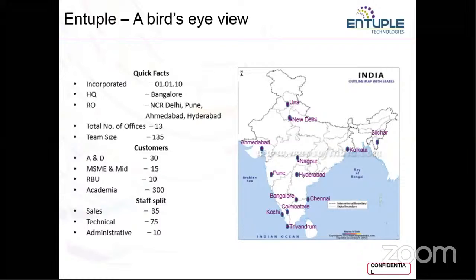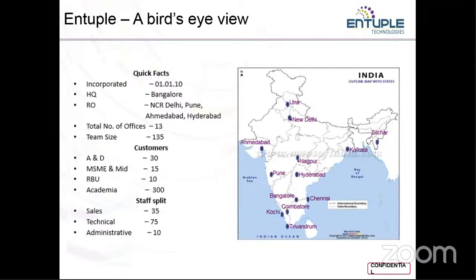This is a bird's eye view of Ntuple. Ntuple Technologies was incorporated on January 1st, 2010, and we are an 11-year-old company headquartered at Bangalore. We have our regional offices at Delhi, Pune, Ahmedabad, and Hyderabad.